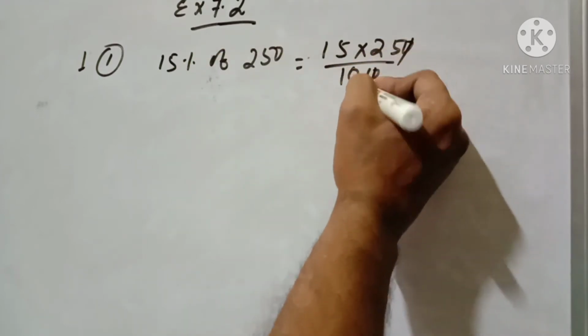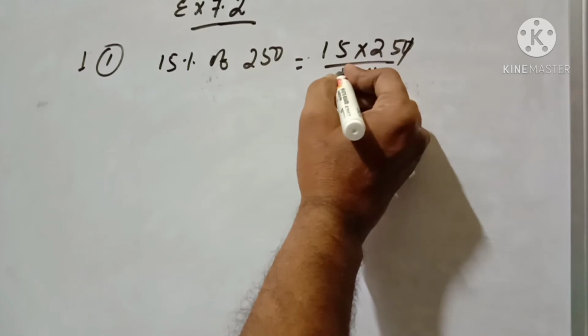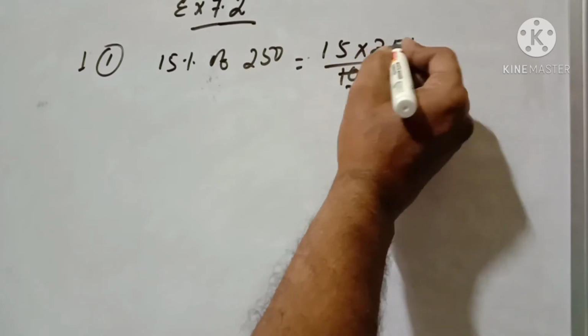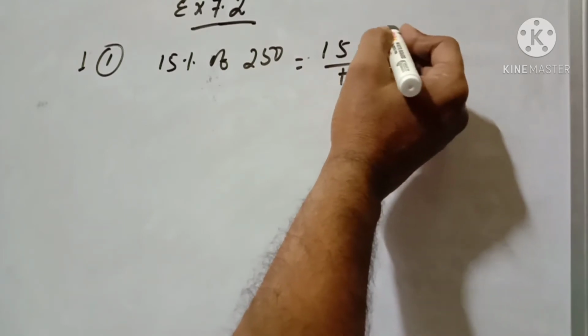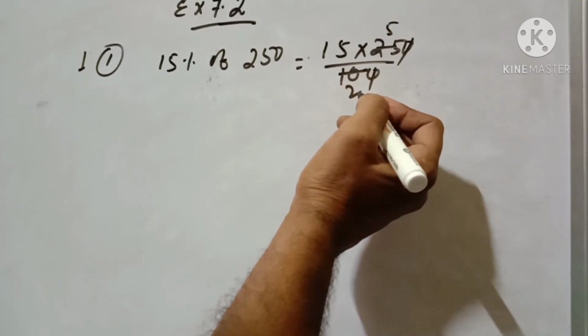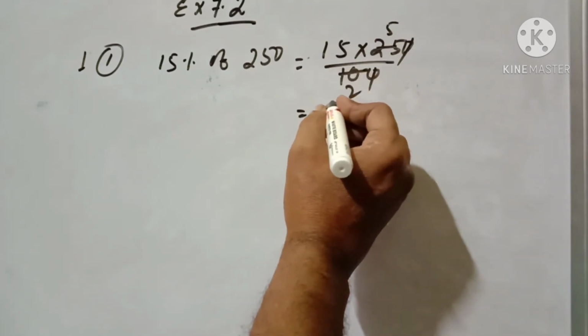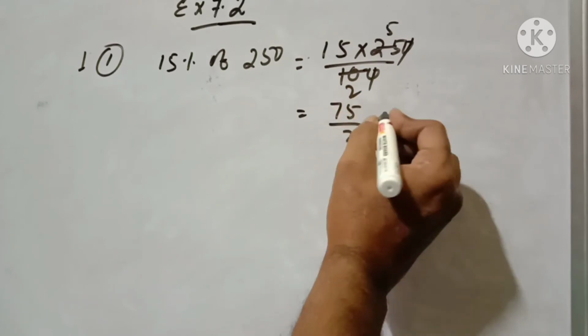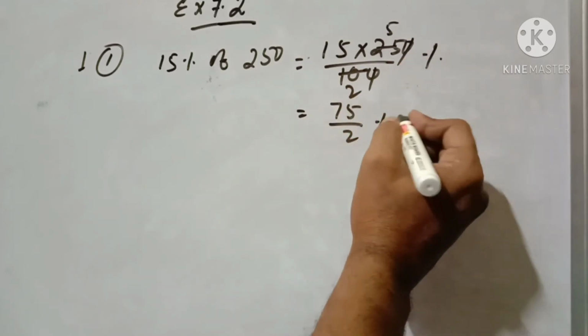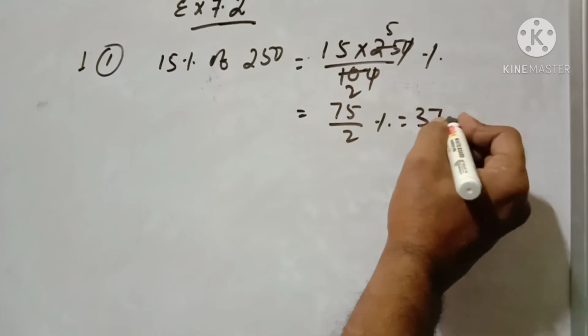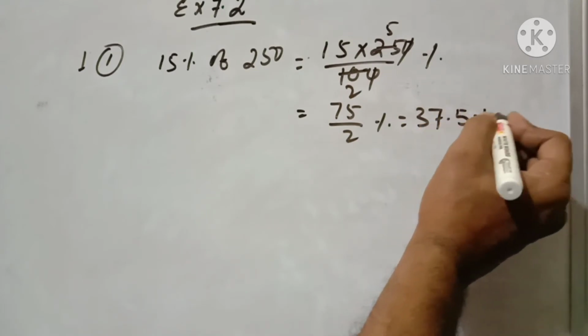So 0 gone. So 5 2s are 10, 5 5s are 25. 25, it will come, 5 15s are 75 by 2, means 37.5. This is our required answer.